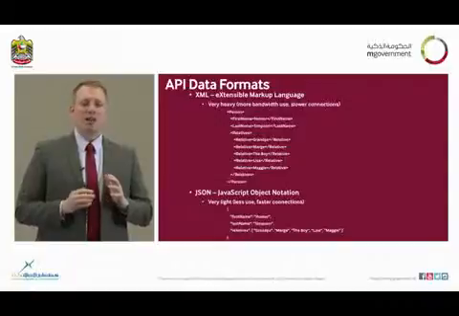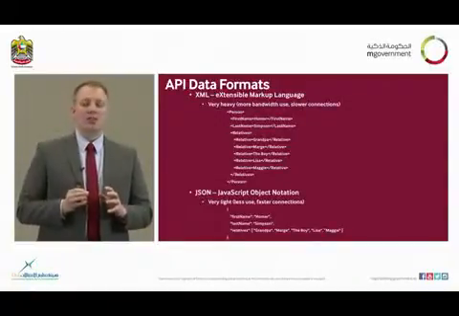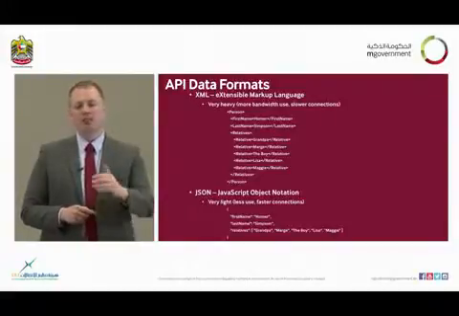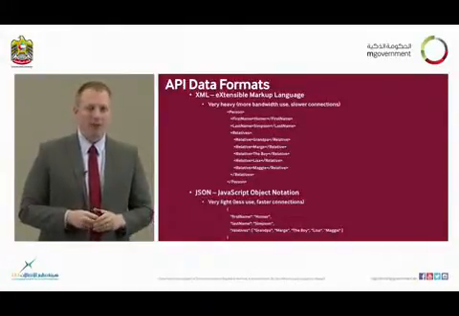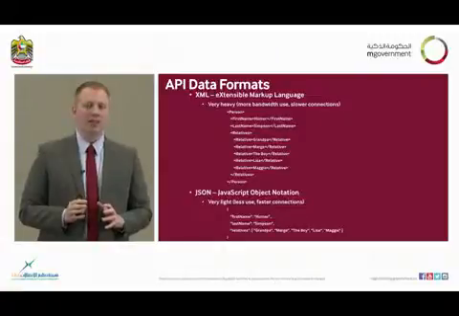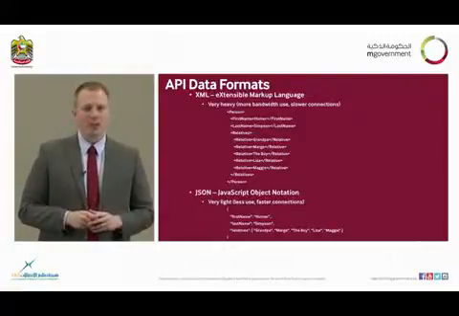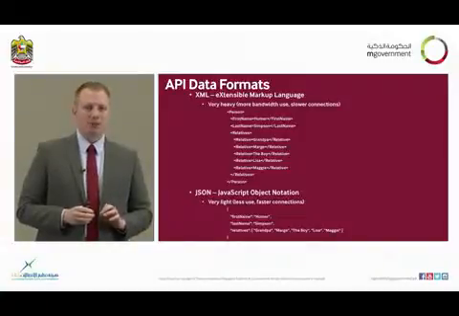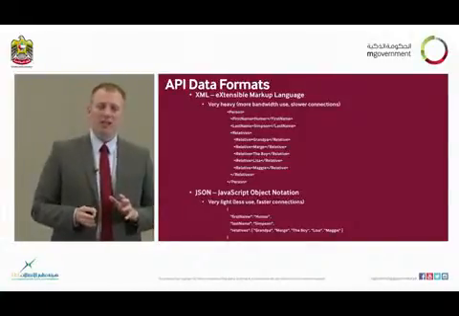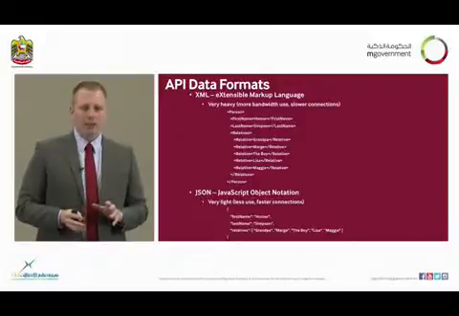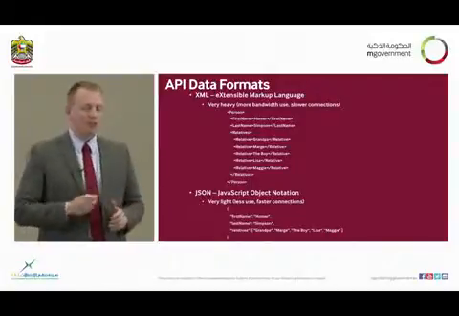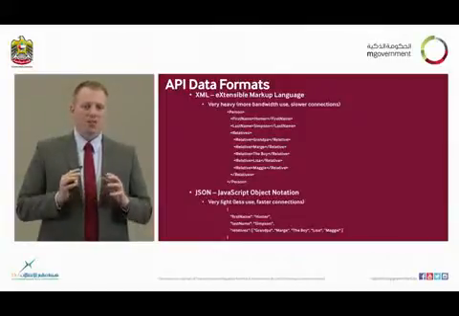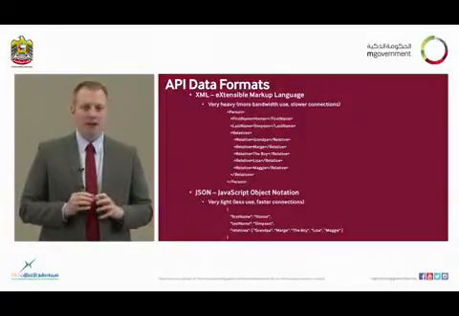Now, with regard to APIs, we need to be aware of the data and how it is passed back and forth. So we need to understand the different data formats that you're most commonly going to find when engaging with any kind of API. And these are going to be XML and JSON. XML is the extensible markup language. And as you can see in this sample here, within these tags are the different values that the tags define.